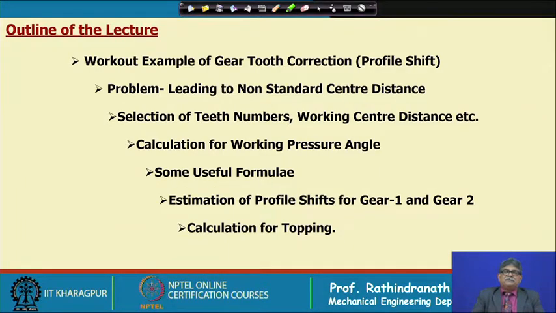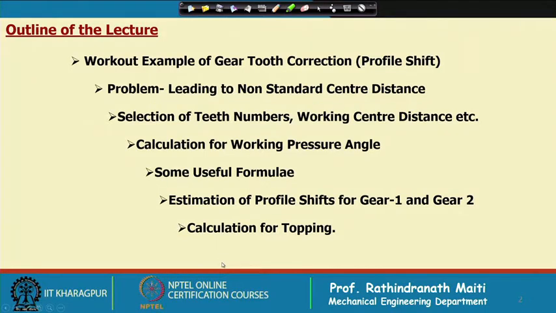Now, in this lecture we solve a problem where we could have gone for all the rigorous calculation which we presented in the last 3 lectures, but instead we will use some standard formulas which we can directly use to arrive at those parametric values, for example, this topping value, etcetera. These formulas come from analytical solutions as well as some practical empirical relations.